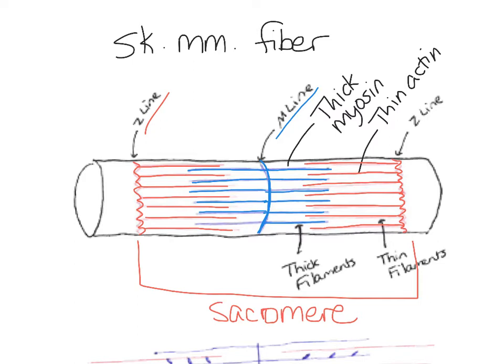This is just showing one sarcomere in this very short piece of the skeletal muscle fiber, but actually a skeletal muscle fiber, depending on its length, is going to have many, many of these. There'll be another sarcomere extending off of this side, right? And there will be another sarcomere extending off of this side.